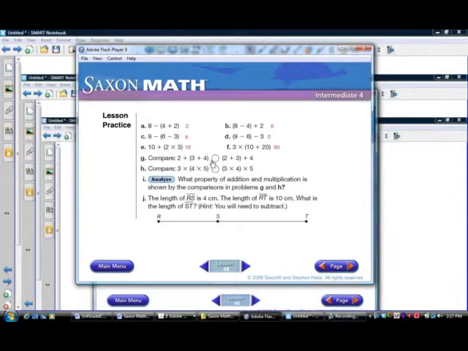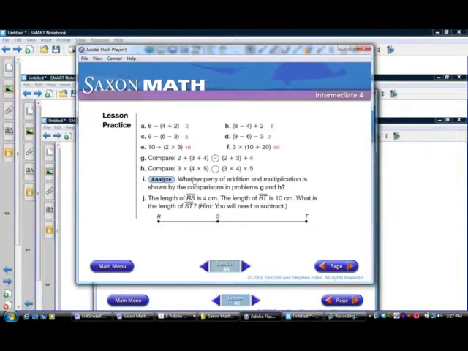And we have to compare. This looks like the associative property of addition, and this one looks like the associative property of multiplication. Okay, 3 plus 4 is 7, right? Plus 2 is 9. Keep that in mind. Now 2 plus 3 is 5. Plus 4 is also 9, so they're equal. And they should have been. Okay, let's double check.